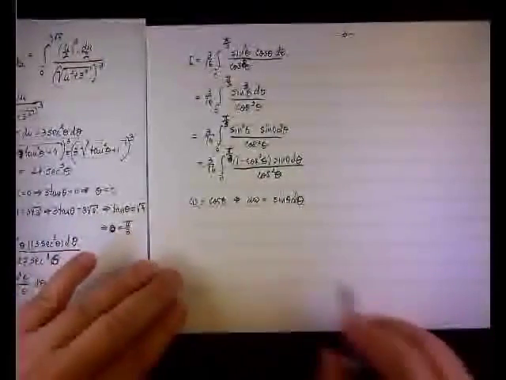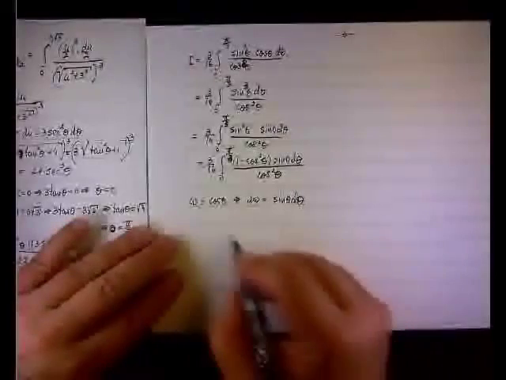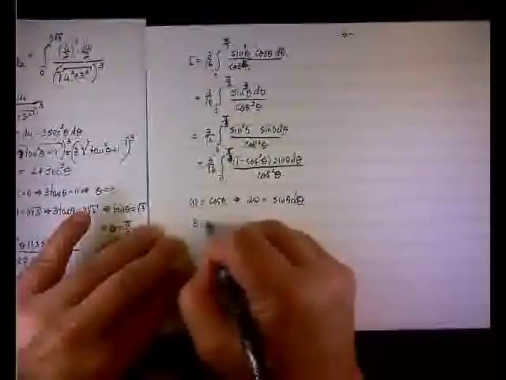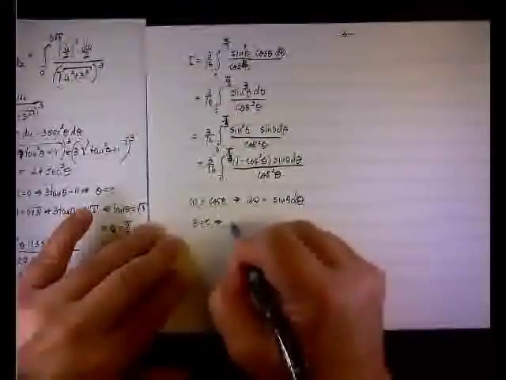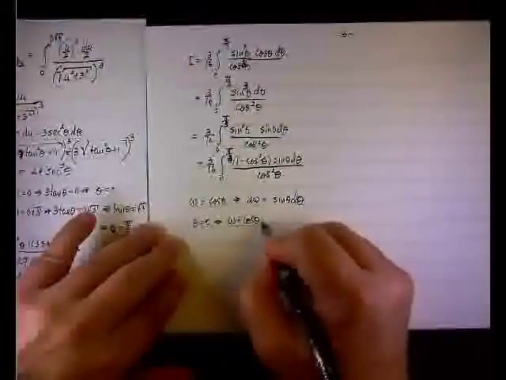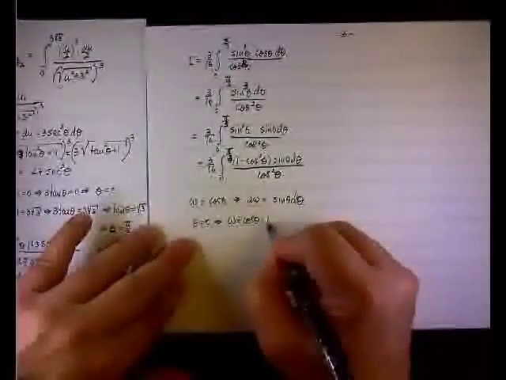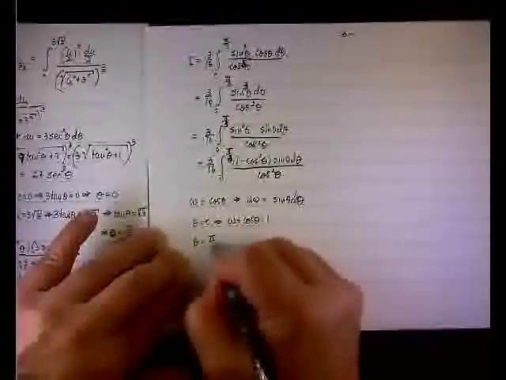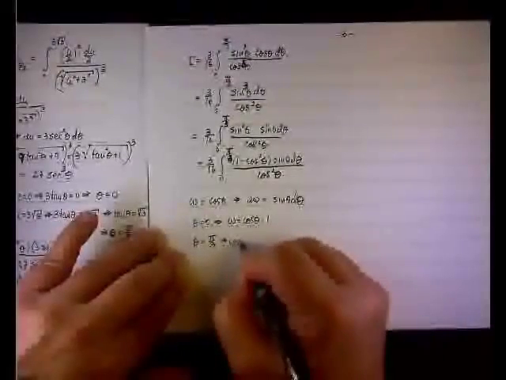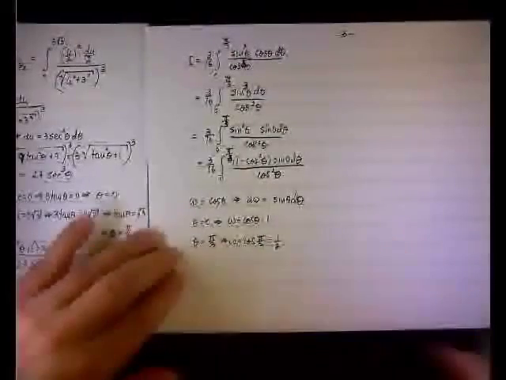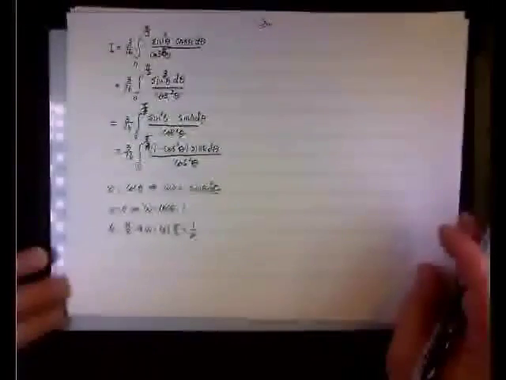Okay? And now we have the boundaries. When theta equals 0, W equals cosine theta equals 1, right? When theta equals pi over 3, then W equals cosine pi over 3, well, that will be 1/2. So the new boundaries will be 1 to 1/2.